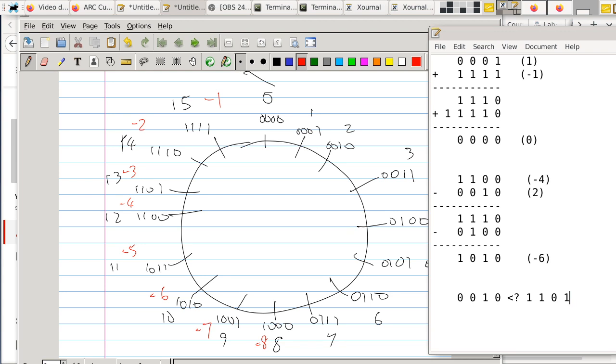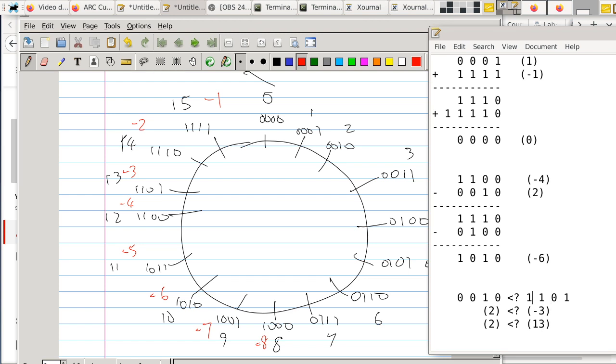So now you have to say, which way should I look at it? Because in this case, you can be asking whether 2 is less than 1101 is -3, or you can be asking whether 2 is less than 13.